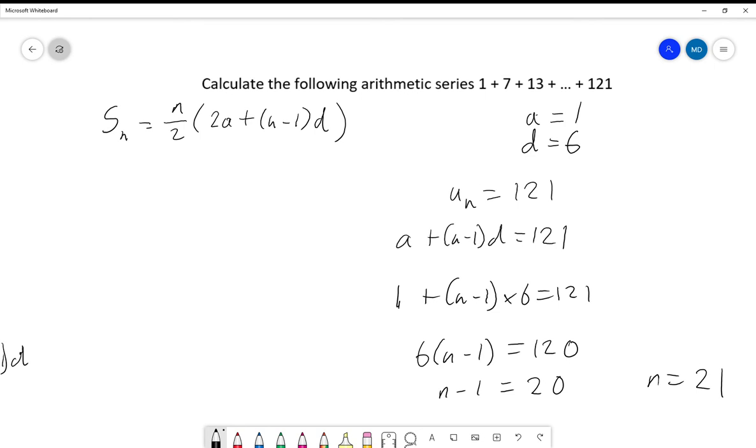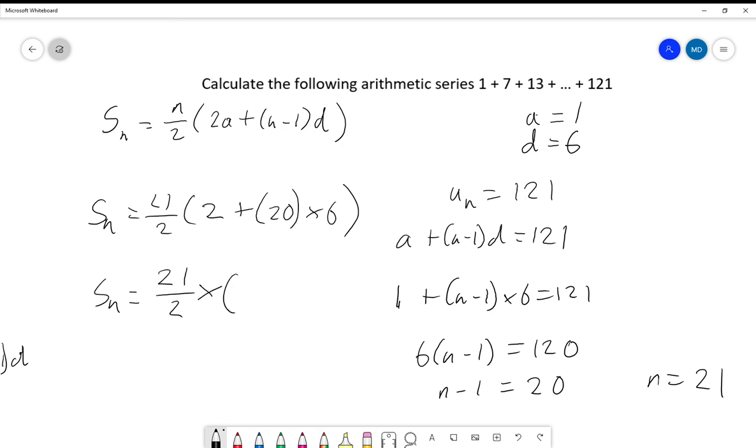And so with that in mind, we can now calculate Sn. So Sn is equal to 21 over 2 multiplied by 2 times a, which is just 2, plus n minus 1, which is 20, times by 6. So Sn is going to be equal to 21 over 2 multiplied by 20 times 6 is 120, plus 2 is 122. 122 divided by 2, we've got 21 multiplied by 61.